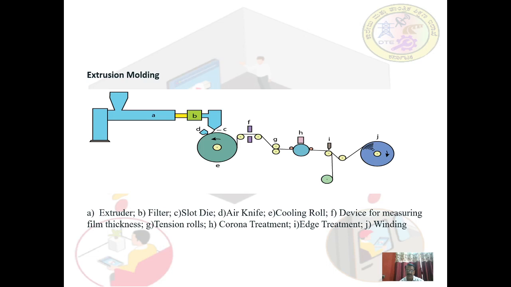The final film that is obtained is wound onto a roll after trimming off the edges. The edges are trimmed in a separate process. The film is cut into designated width. This is the equipment used for extrusion molding.